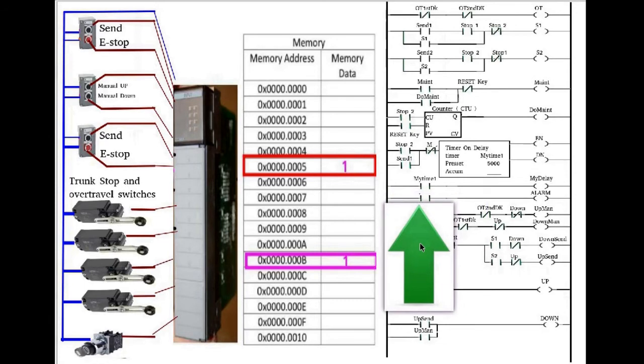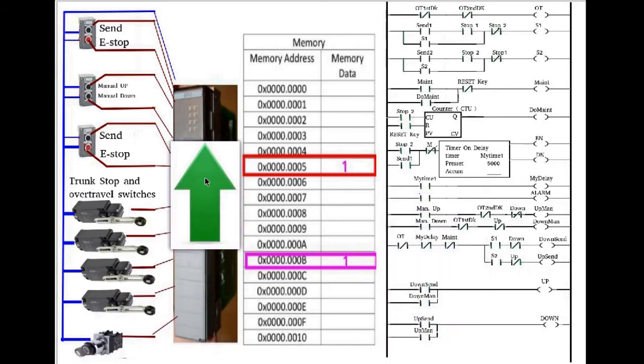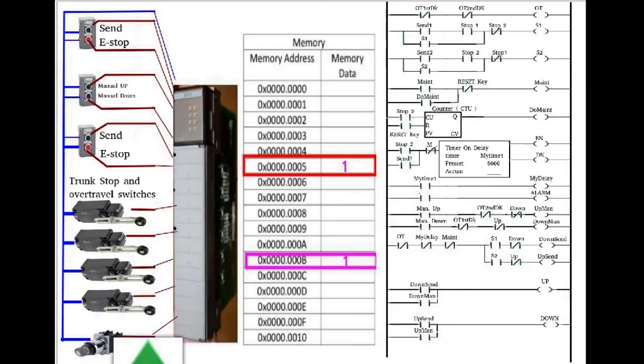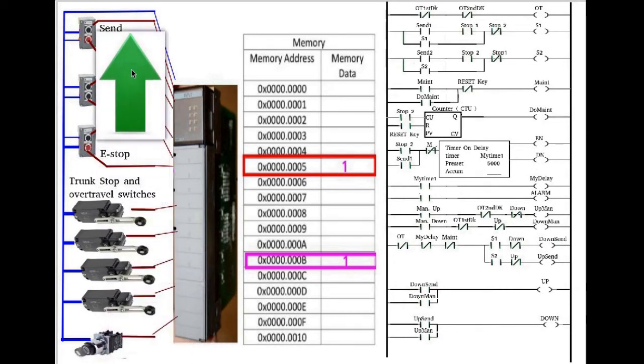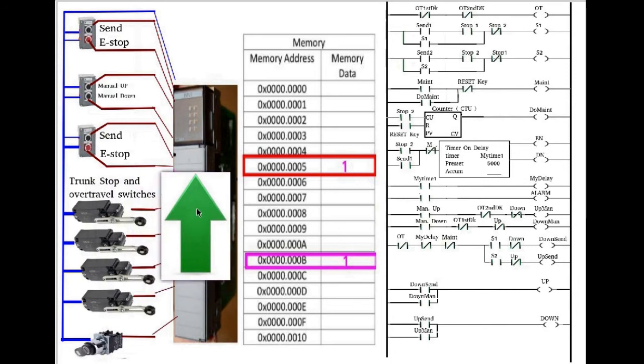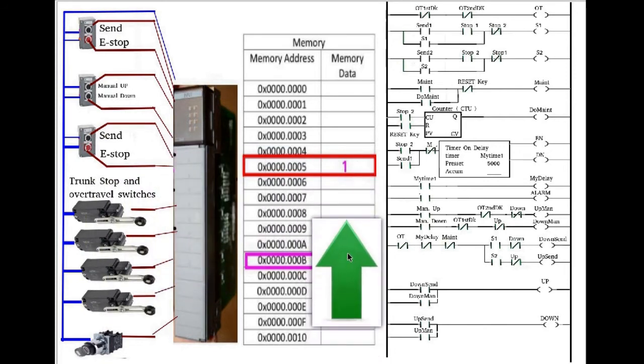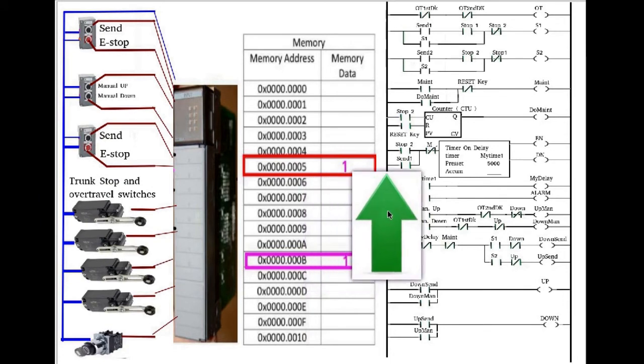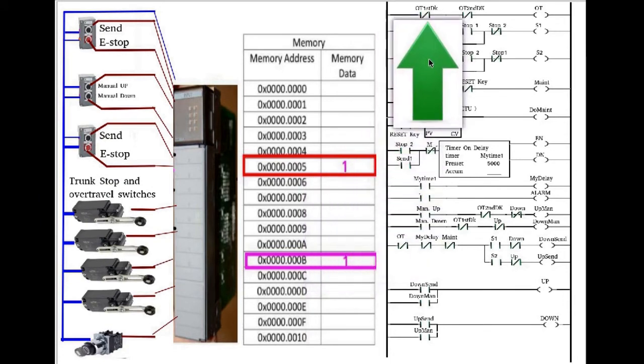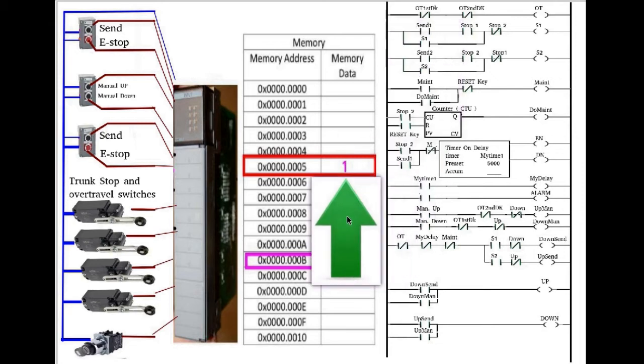One last thing before we get into the ladder logic. The input module has different components attached to it, and it gathers the statuses of all of those components, and periodically it populates certain memory addresses. Some of those same memory addresses will be assigned or tied to certain components within the ladder logic, and those components will behave or change status based on whatever is sitting on that particular memory address.